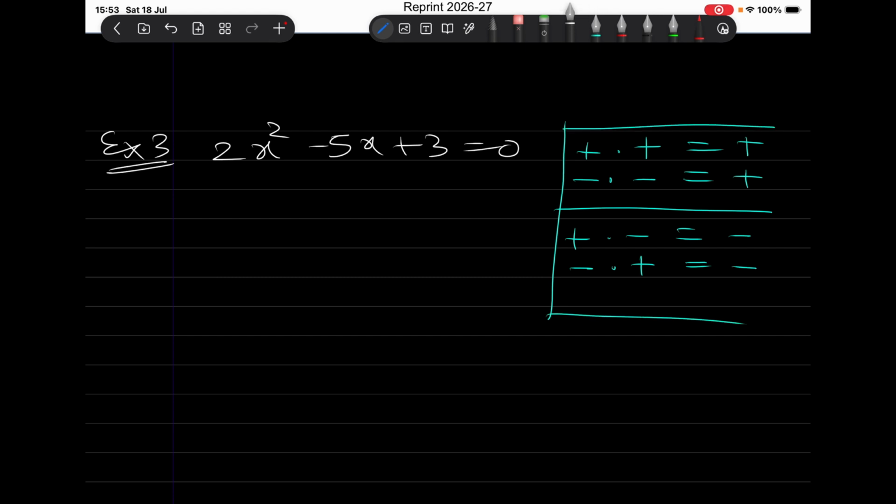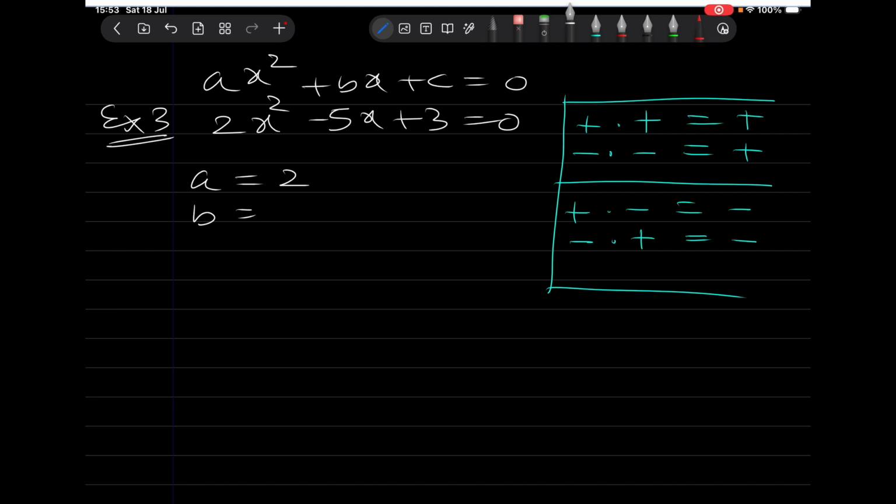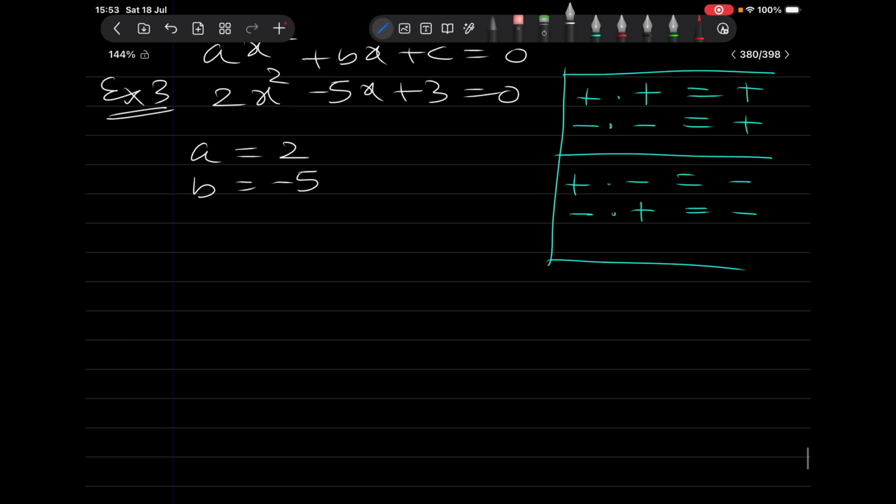Now for finding the roots of this quadratic equation using factorization, we start with the quadratic equation ax square plus bx plus c equals 0. We have the coefficient a equals 2, b equals minus 5, we will take it with sign, and c equals 3.